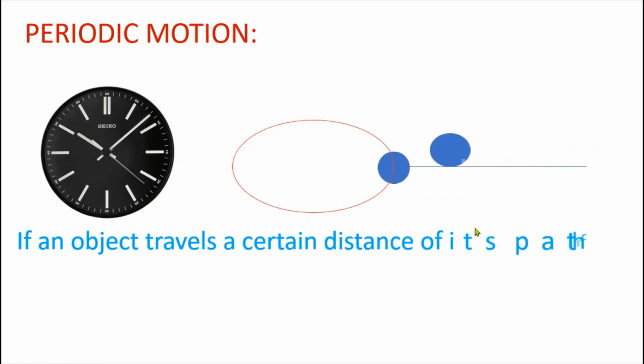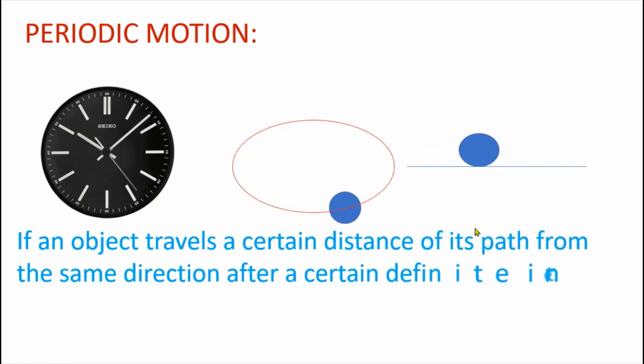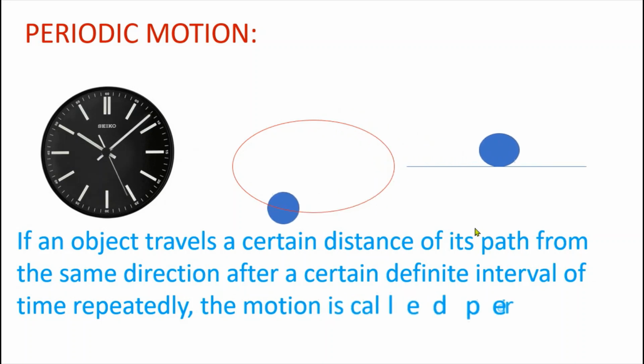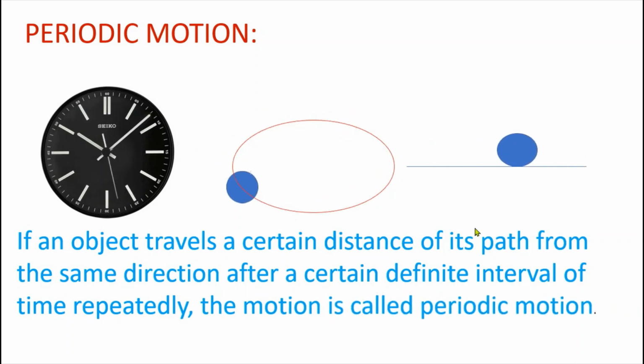If an object travels a certain distance of its path in the same direction after a certain definite interval of time repeatedly, the motion is called periodic motion. Here, after every 2 seconds, the body is moving from this direction to this direction.